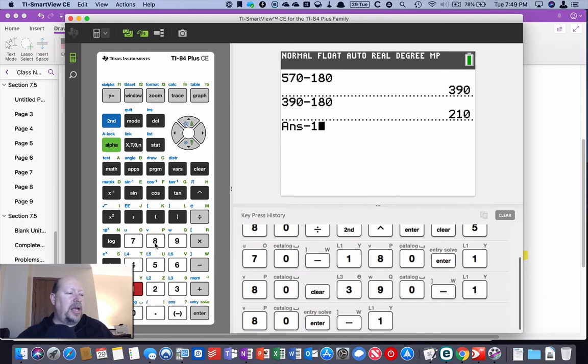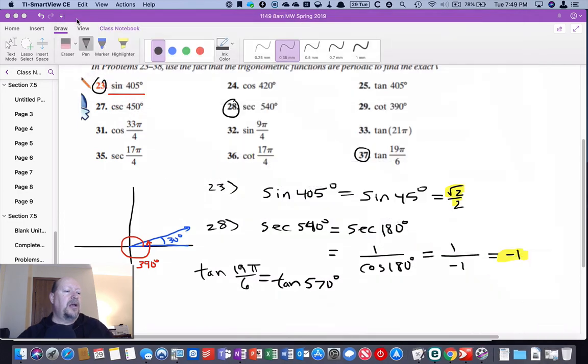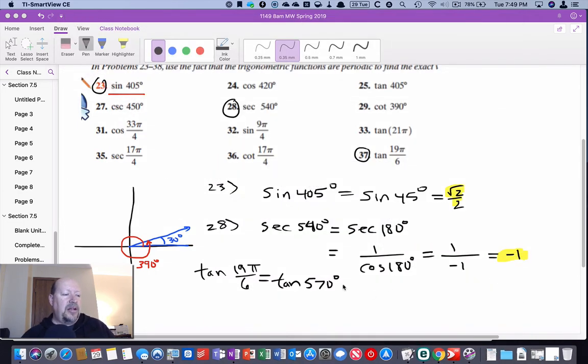So I subtracted off 180, 180, 180 until I got an angle in the first quadrant, an acute angle of 30 degrees. This tells me that the tangent of 570 is exactly the same as the tangent of 30 degrees.